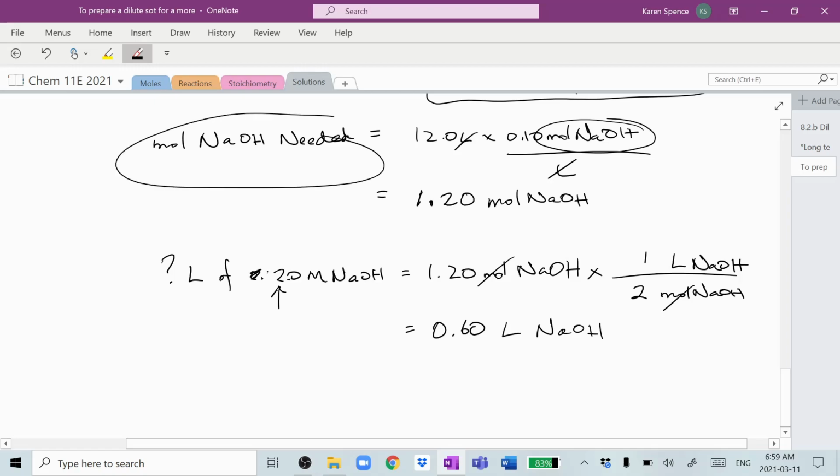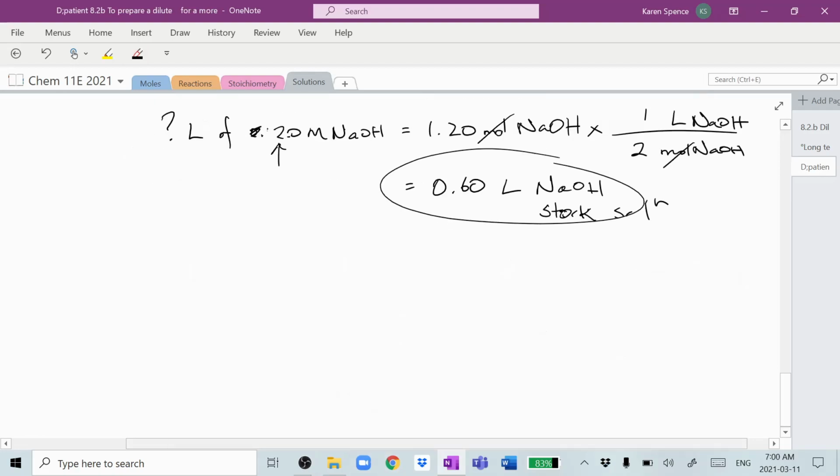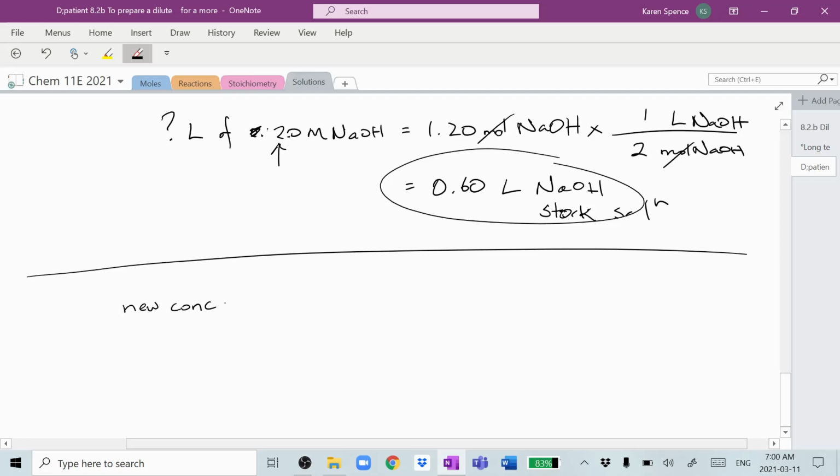So find the moles needed. And then calculate the volume of your stock solution. Now, could we do this using that formula that we had yesterday, where our new concentration is equal to our old concentration times our dilution factor, which is the old volume over the new volume?